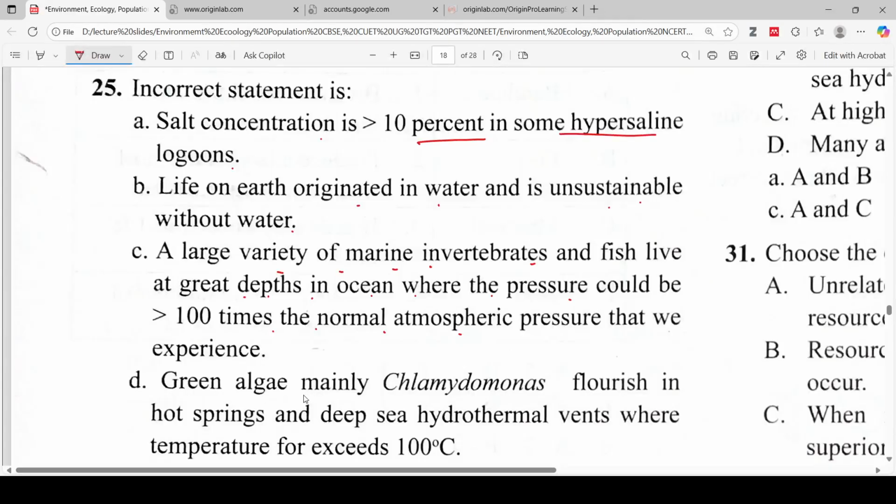The green algae, mainly Chlamydomonas, flourish in hot springs and deep sea hydrothermal vents where temperature exceeds 100 degrees. So the correct answer is option D, because then it is not possible. So this is the incorrect option.